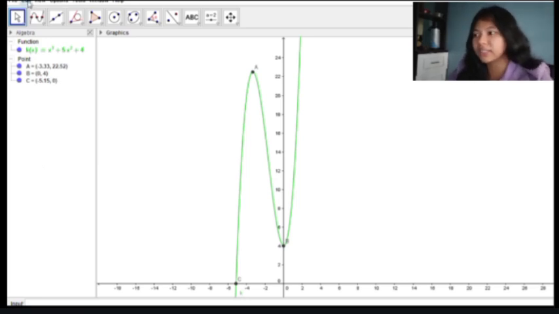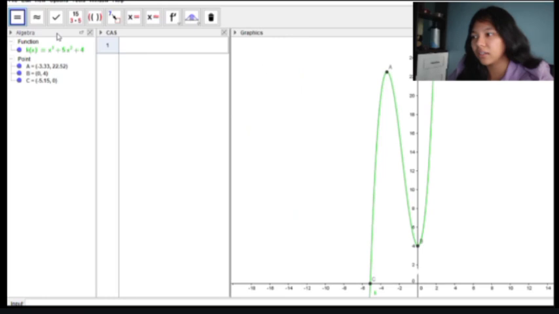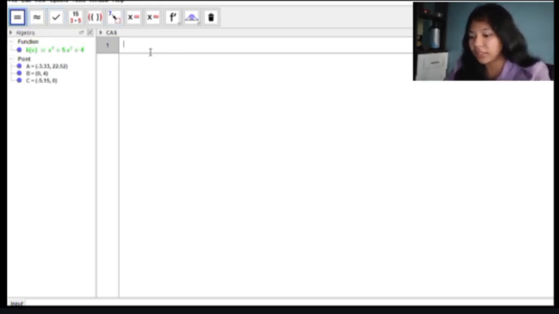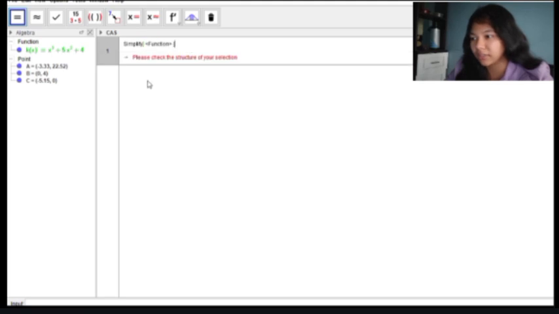Next is the CAS view. Just close this. CAS, or the Computer Algebra System. Here you can simplify a function. You can expand.